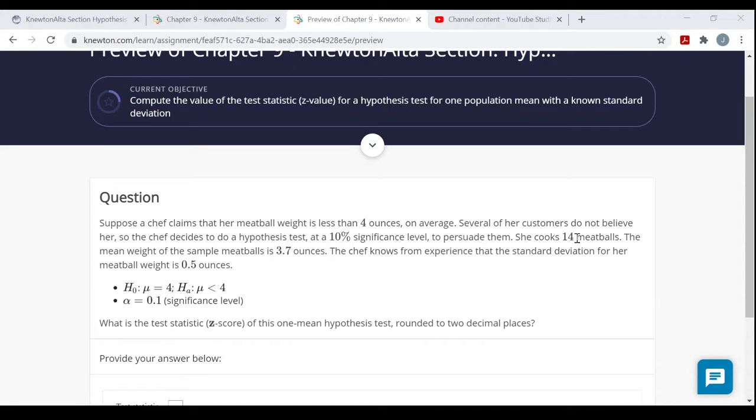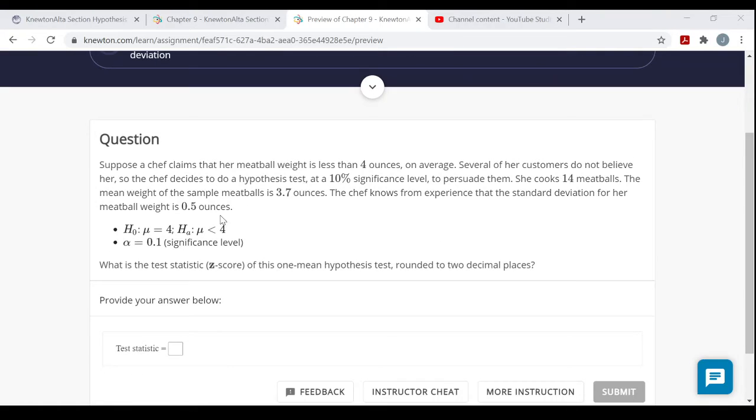So she cooks 14 meatballs. The mean weight of that sample of 14 meatballs is 3.7 ounces. Now the chef knows from experience that the standard deviation for all her meatball weights is half an ounce, 0.5 ounces. This time, I'm not going to take you through those first steps.